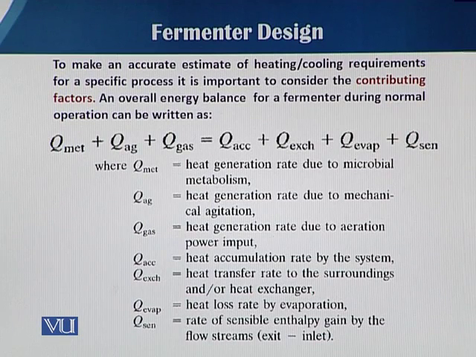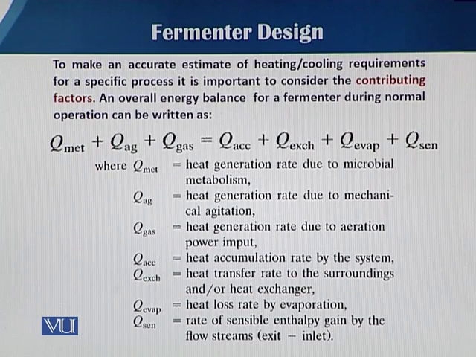We know that when there is a metabolic process, heat is generated through the metabolic pathway of the cells. And when there is agitation, there is a resistance, so as a result of the agitation heat is produced. That is denoted by Q ag, ag from agitation.